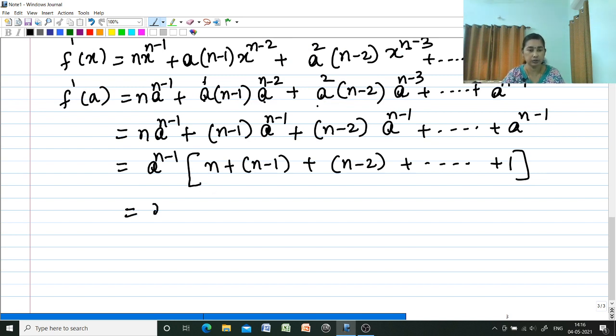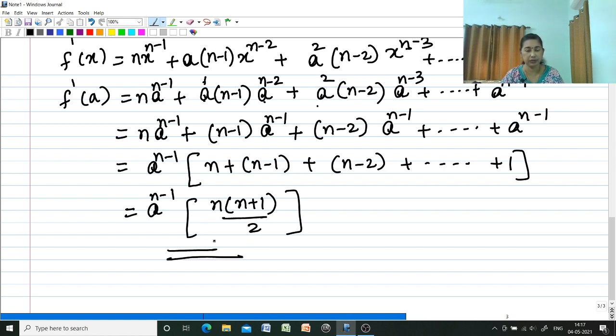That is equal to a raised to n minus 1 into, what is 1 plus 2 plus etc. plus n? Sum of n natural numbers is n into n plus 1 by 2. Therefore, f dash a is equal to a raised to n minus 1 into n plus 1 by 2. So that is the derivative of f dash a.